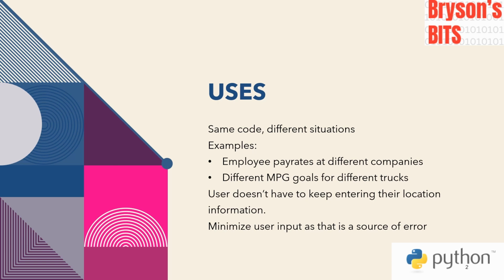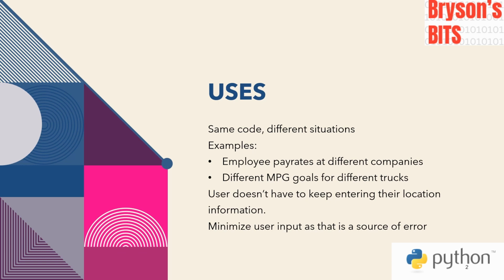And you really want to do that because that will help minimize the errors that occur when people run your program, because one of the main sources of errors in a software execution is from the end user entering wrong input values.